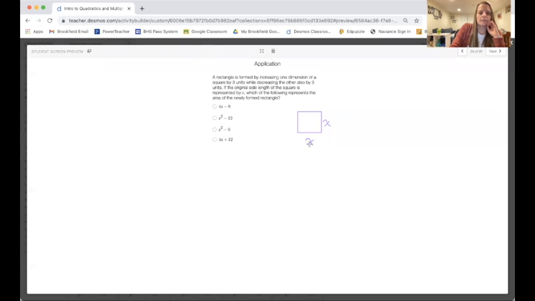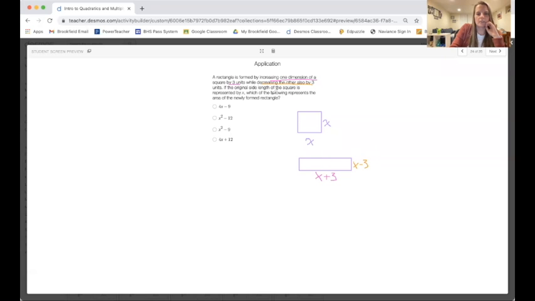And then it says we kind of shrink one side and extend the other to make a rectangle. So you increase one dimension by 3 units, so that's going to be x plus 3. And then you decrease the other side by 3 units, so it's going to be x minus 3.